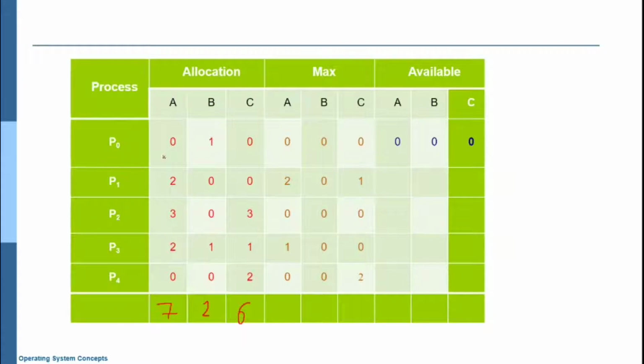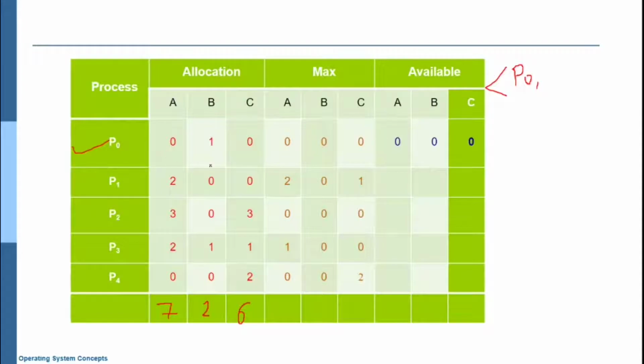P0 has allocated 0, 1, 0, and there is no request from P0, so it can complete its task. There are no available resources to allocate to P0, because it was allocated only this much and there is no other request from P0. So P0 is executed first and completes its task.